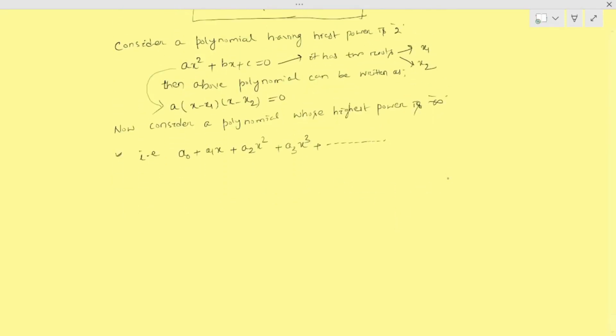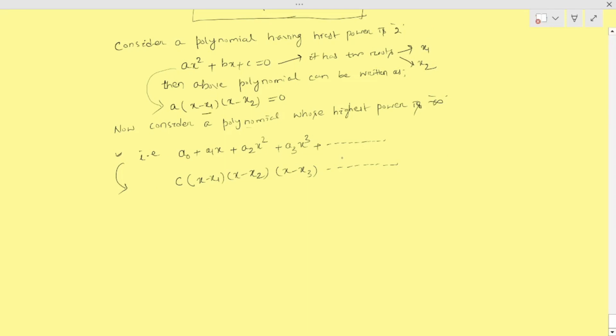So hence this polynomial can be written as an infinite number of multiplication terms. That means some constant c into x minus x1 into x minus x2 into x minus x3 and so on. Because if we consider a polynomial having highest power 2, obviously this polynomial has two roots, so it can be written like this.